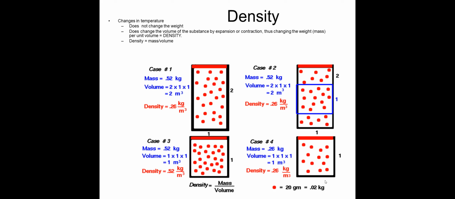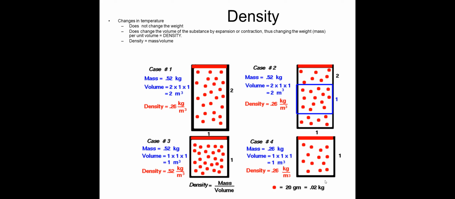So if we look at case 1 here, the mass that these molecules make up is 0.52 kilograms. And the volume is 2 times 1 times 1, which is equal to 2 meters cubed, excuse me. If we do the math on that, which would be mass divided by volume, 0.52 divided by 2, then that gives us 0.26 kilograms per meter cubed.